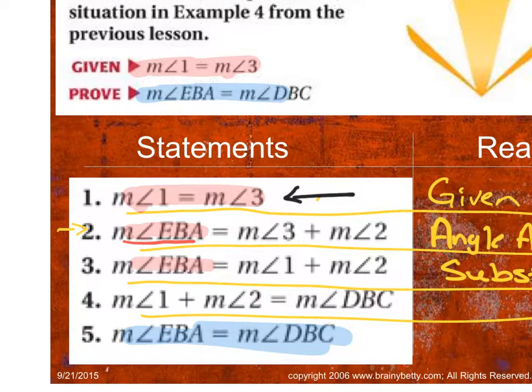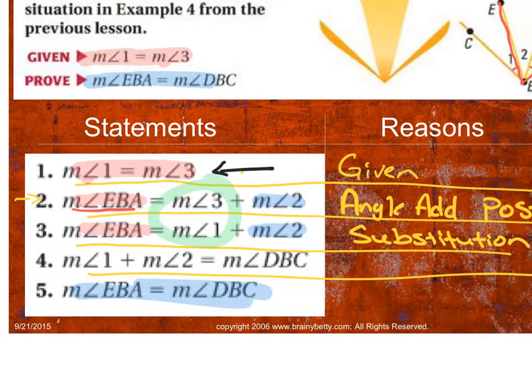Here's EBA, here's EBA. Here's angle 2, here's angle 2. The only thing that's changed is right there. And so the question is, how did 3 become 1? I have to go back and go, oh, wait. So using the given information, they substituted in. They pulled one out and put something else in. That's substitution.